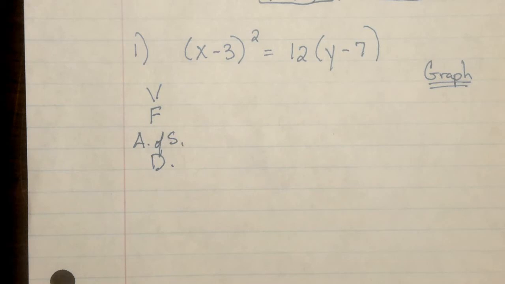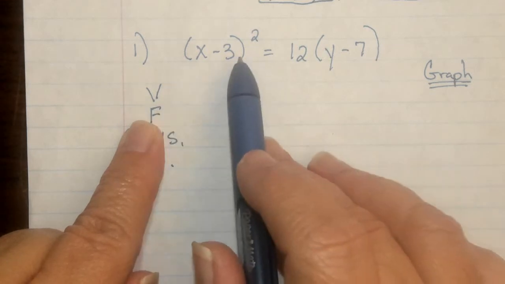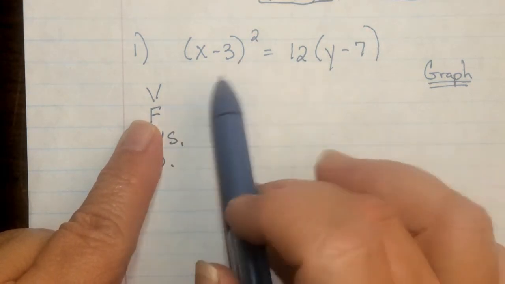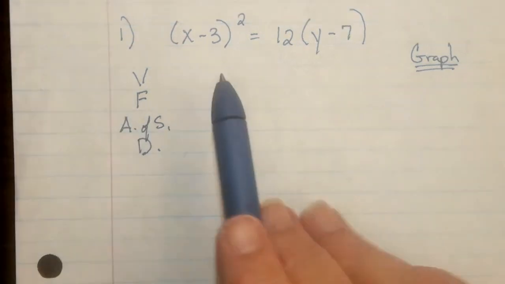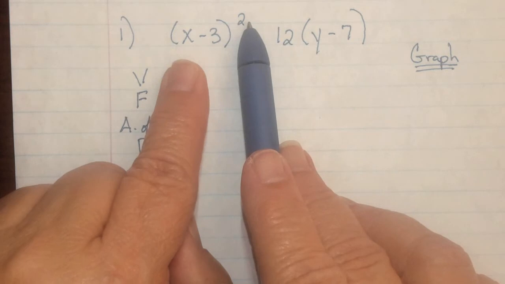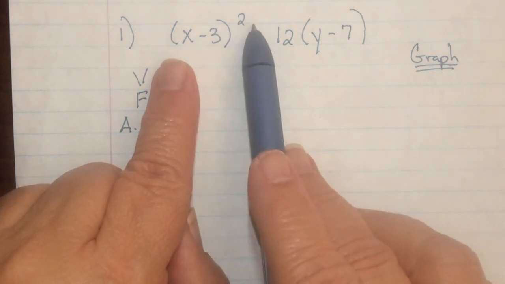All right. So the vertex, well, first of all, I want to look at this and I want to say, is this an up and down, or is this a right and left guy? So what is getting squared? The x is squared, so it's an up and down. Okay?